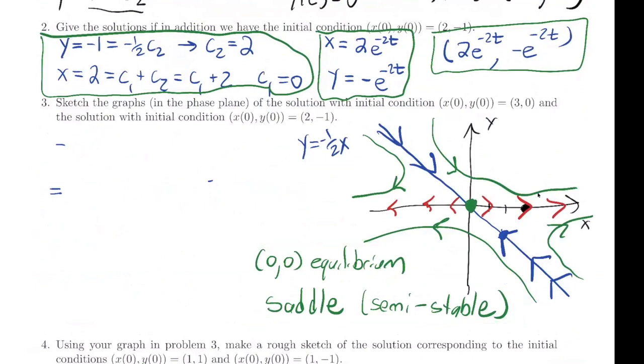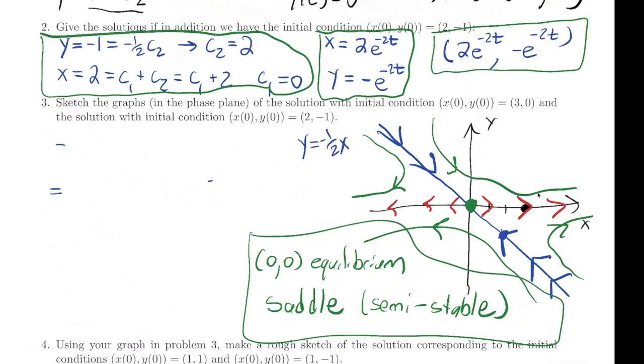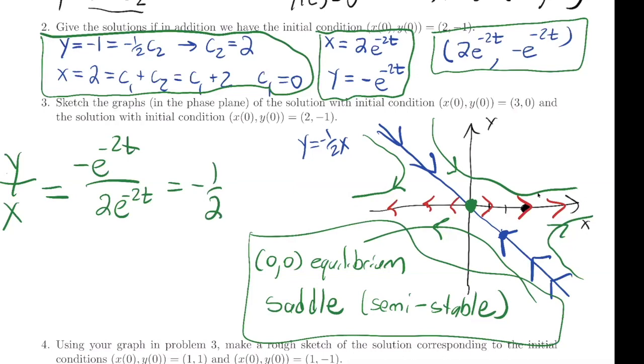One way you can think about it is, if I take y over x, that's going to give me -1/2. So I can write this as that. All we're saying here is that the ratio of y over x is constant, and that's why we're sitting on this line through the origin.